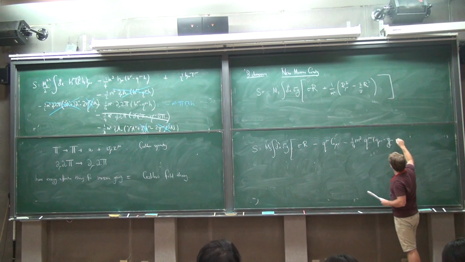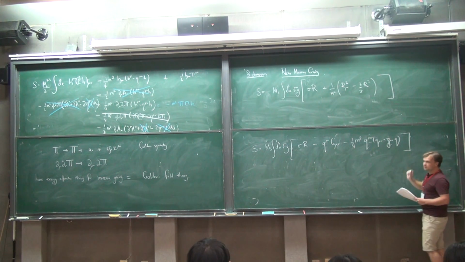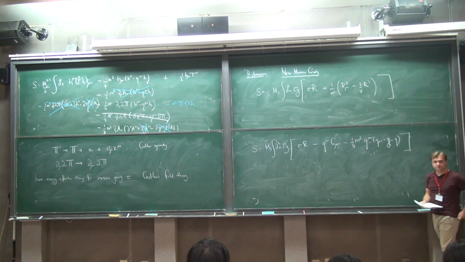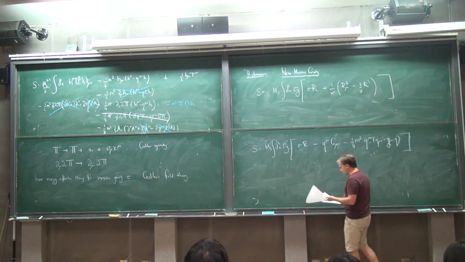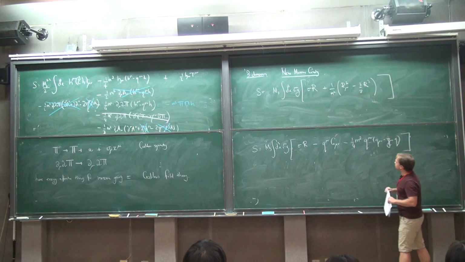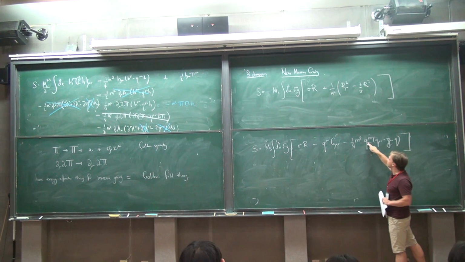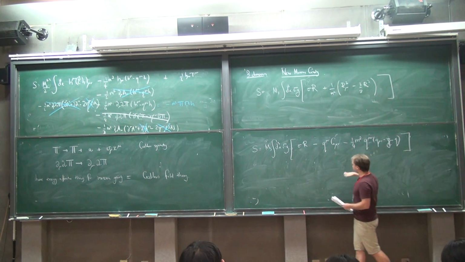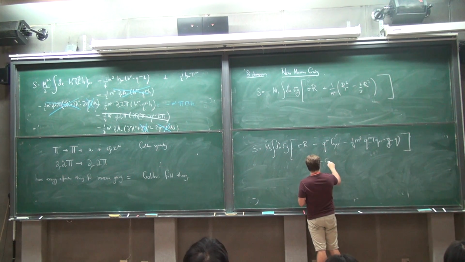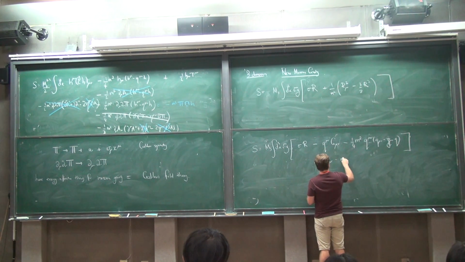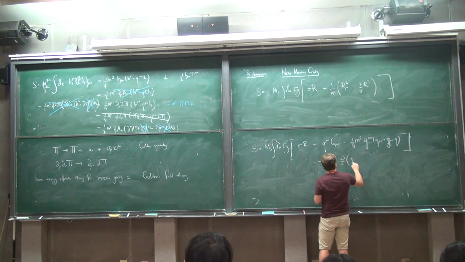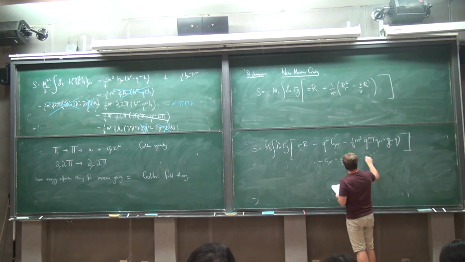That's G, sorry. So this is an equivalent representation of the same theory. It's got an auxiliary field, but you can easily show that Q is non-dynamical because there are no derivatives on it. The equation of motion for Q is simply minus G mu nu minus m squared over 2 Q mu nu minus G mu nu Q.